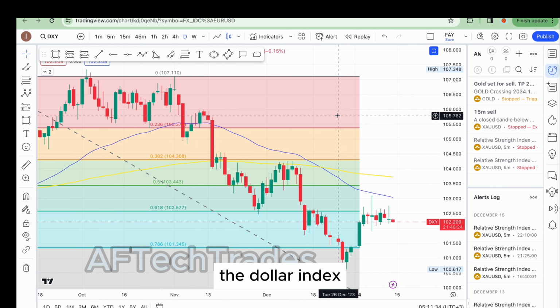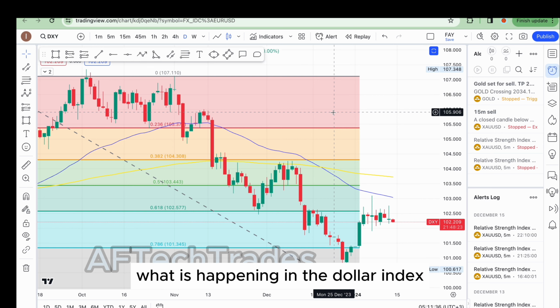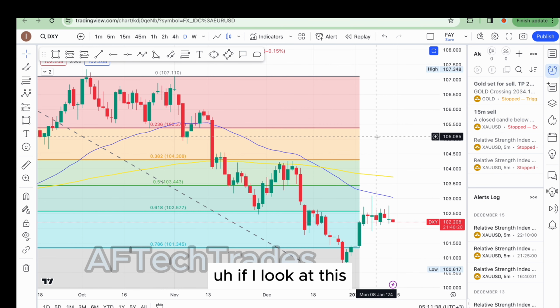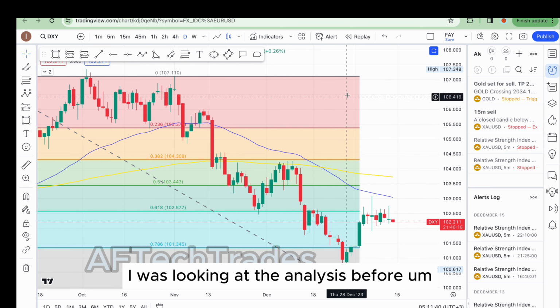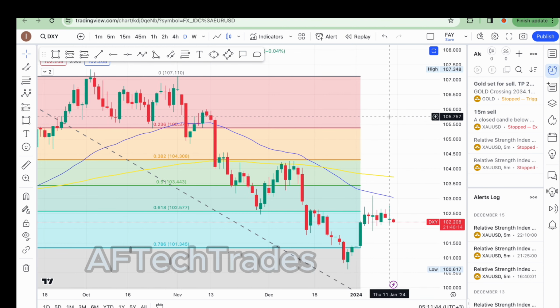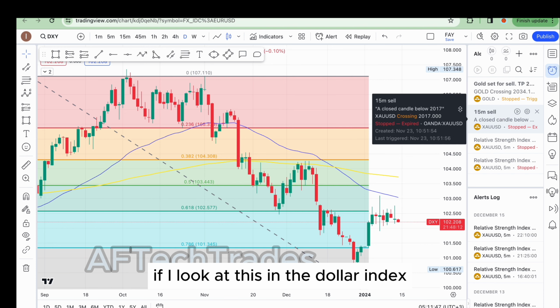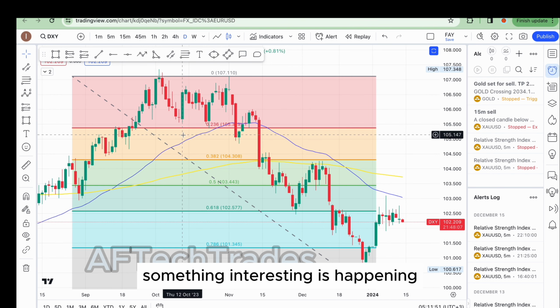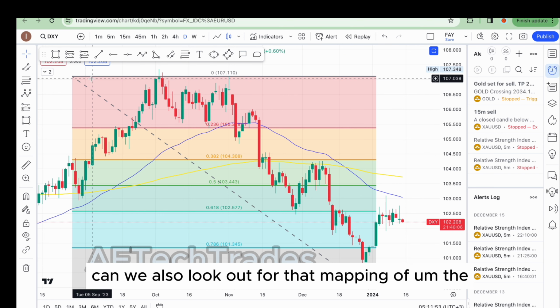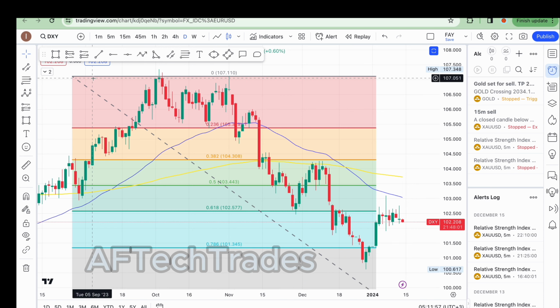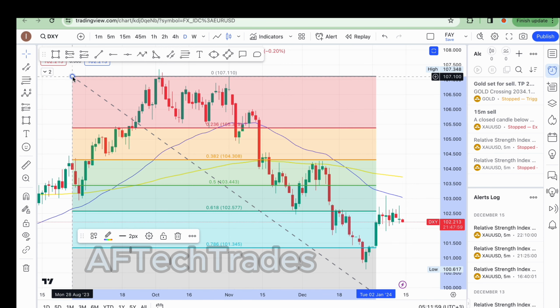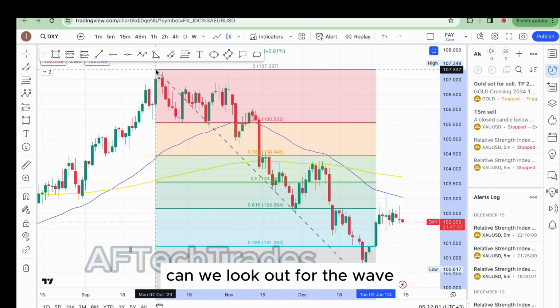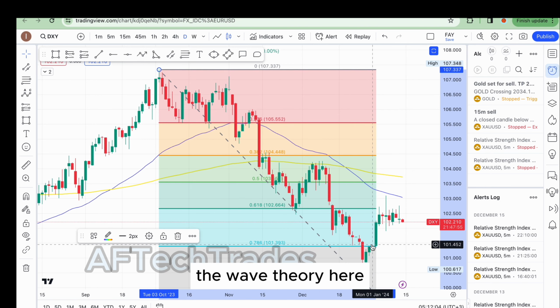the dollar index. What is happening in the dollar index? If I look at this, I was looking at the analysis before. If I look at this in the dollar index, something interesting is happening. Can we also look out for the wave theory here?